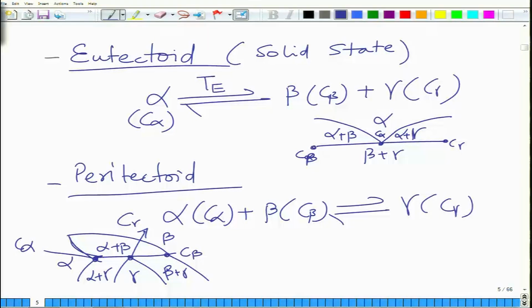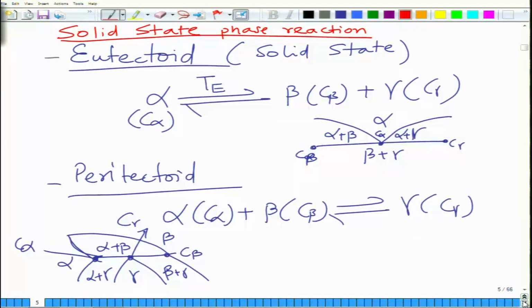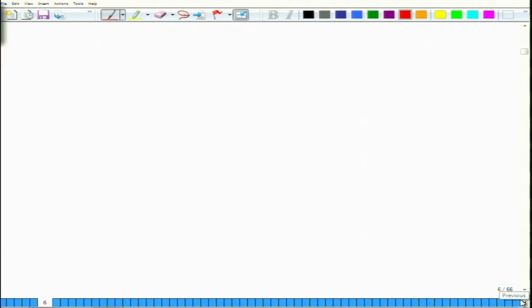So these two are solid state reactions. There are two or three more phase reactions, such as monotectic, syntectic, etc., but we'll not discuss them because they are beyond the purview of this course.